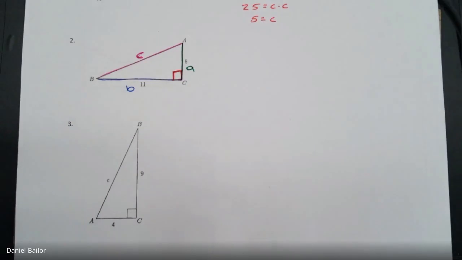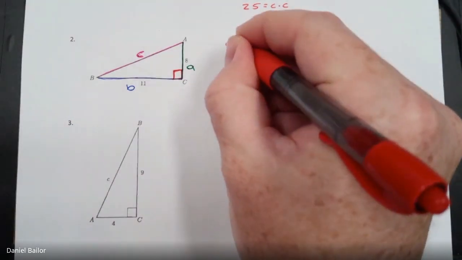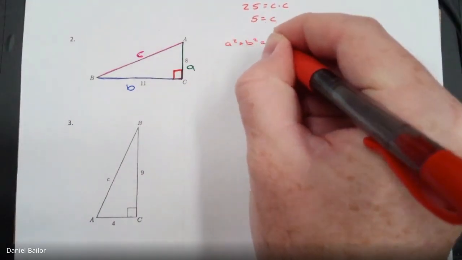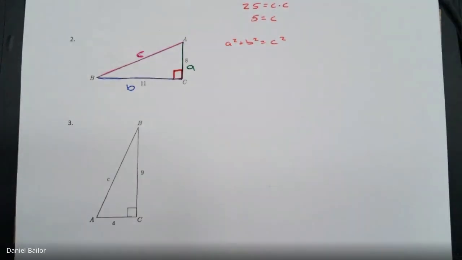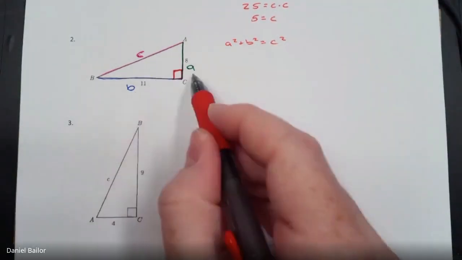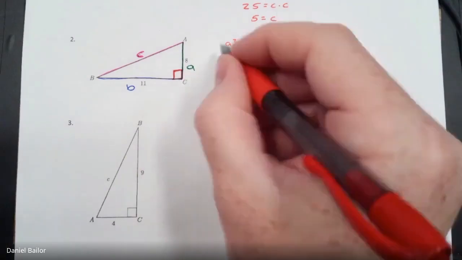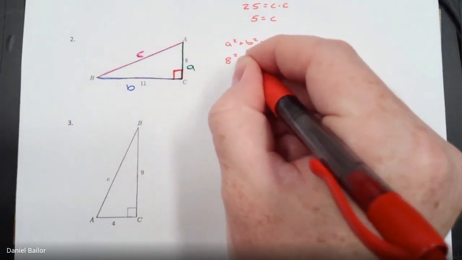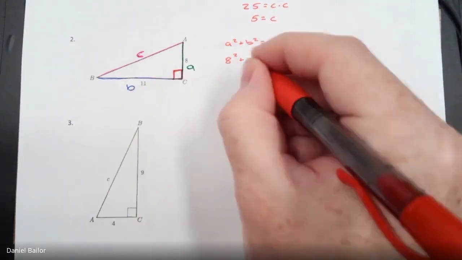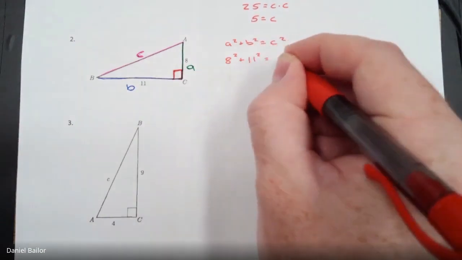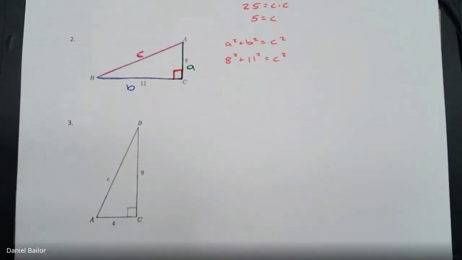And again, we're going to use the Pythagorean theorem. A squared plus B squared equals C squared. And now we're going to plug in our values. I made A equals 8, so we have 8 squared. I said 11 is going to be the B, so we have 11 squared equals C squared.